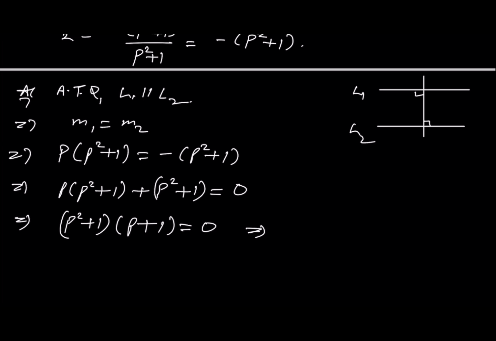As p square plus 1 cannot be 0, so p plus 1 is equal to 0 implies p is equal to minus 1.